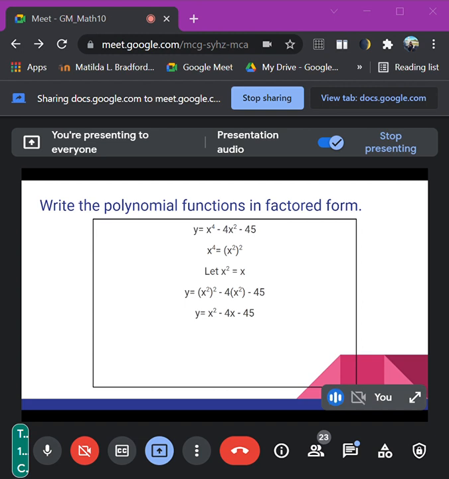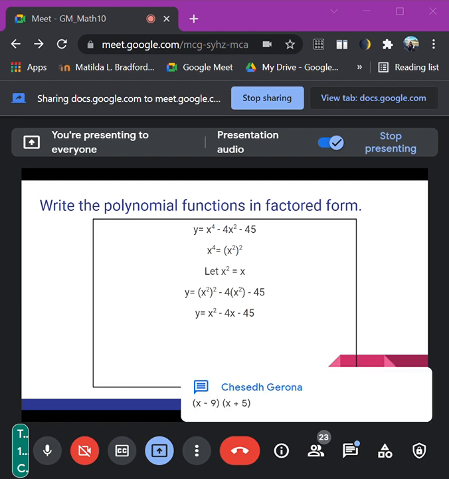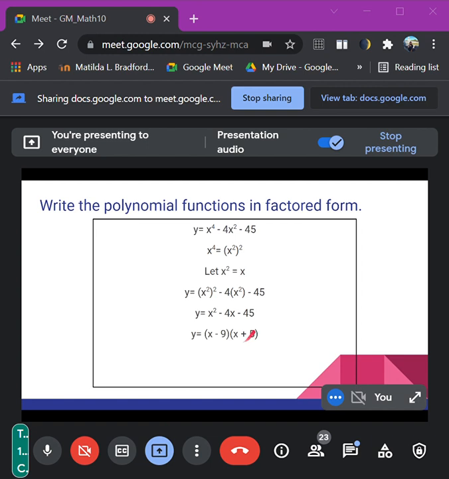So, it could be negative 9 times 5 or negative 5 times 9. So, asa ang gamiton? Okay, very good. We have y minus 9, quantity y plus 5. Kay negative 9 times 5, negative 45. Negative 9 plus 5, that is negative 4.